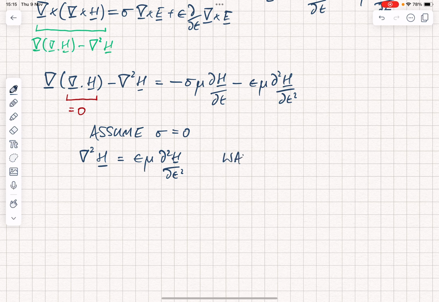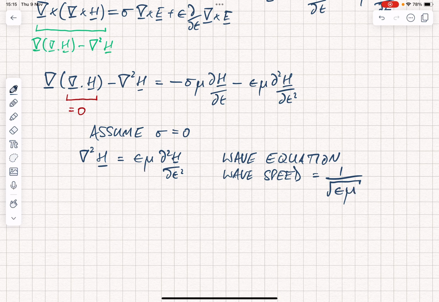And this is simply a wave equation, and we have a wave speed which is given by 1 over the square root of epsilon mu.